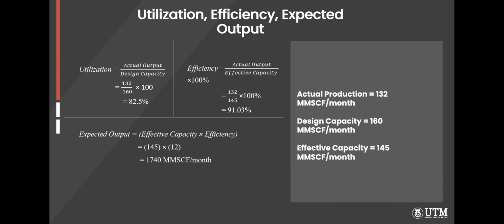The utilization rate of the plant stands at around 82.5%, with the efficiency of around 91.03%, which is pretty high compared to the effective capacity. This proves that the plant has pretty strong performance, although there is still a small gap to bridge toward the maximum effective potential.